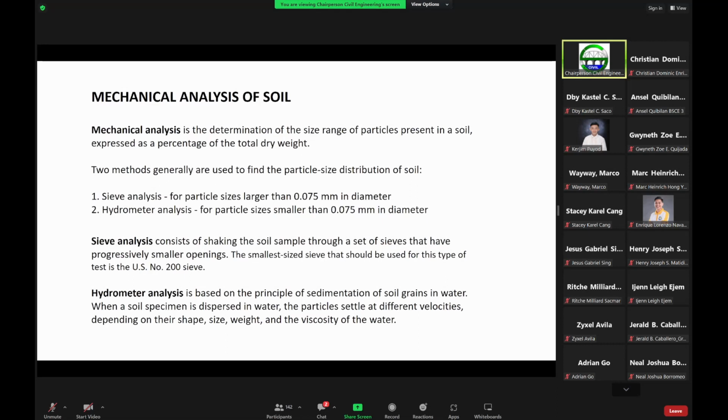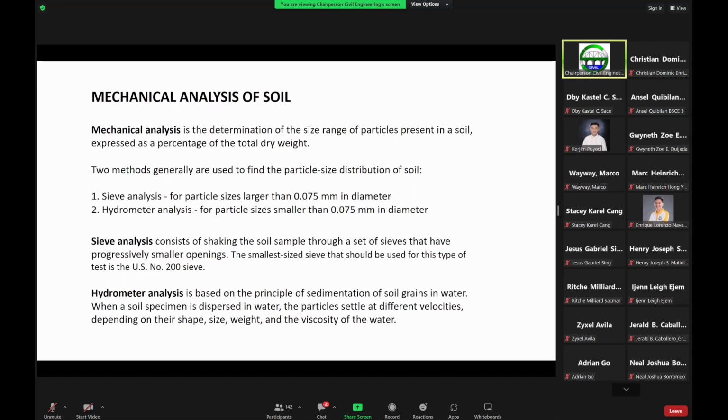But in some projects we are forced to do hydrometer analysis because, in the case of the USCS system, below 0.075 millimeters these are already considered fine content. And we know earlier that the fine content is composed of silts and clays.